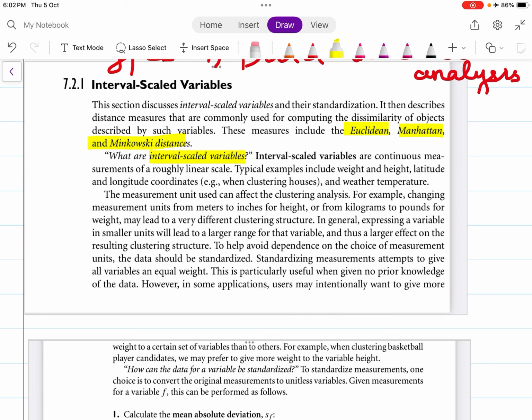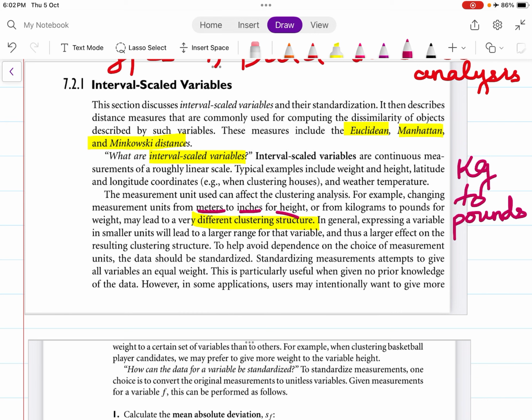The measurement unit used can affect the clustering analysis. For example, changing the measurement unit from meters to inches for height, or from kilograms to pounds for weight, may lead to a very different clustering structure.